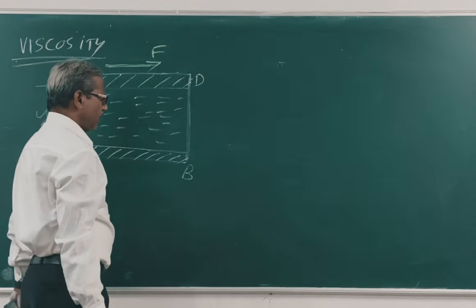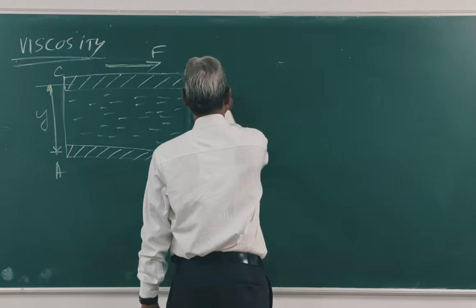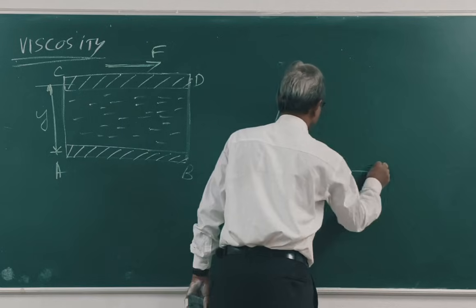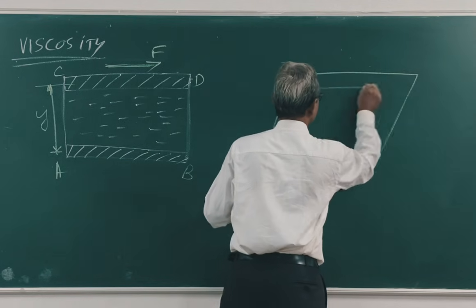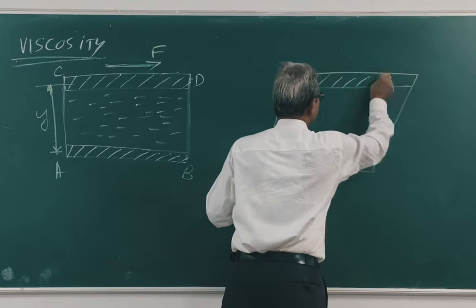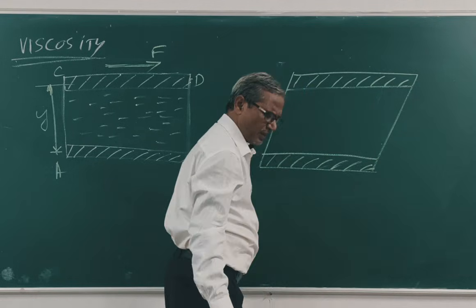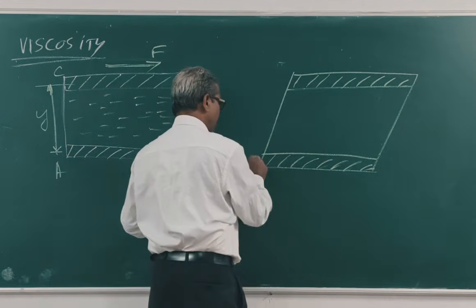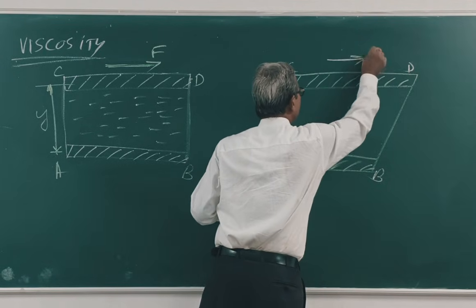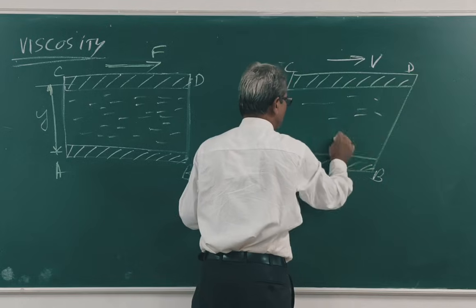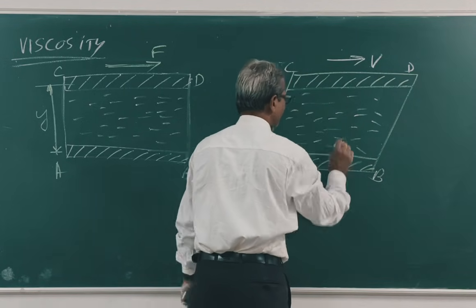And the upper plate moves with velocity v. This plate is fixed. The upper plate moves with velocity v. Clear?